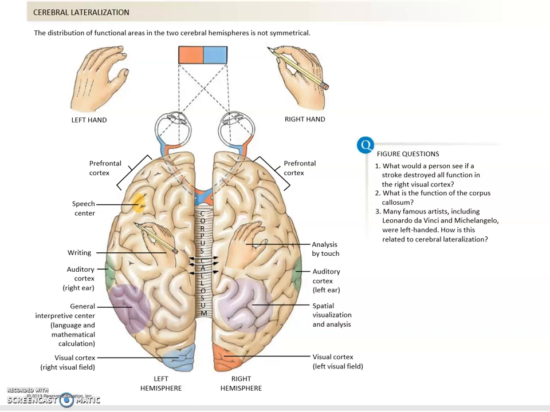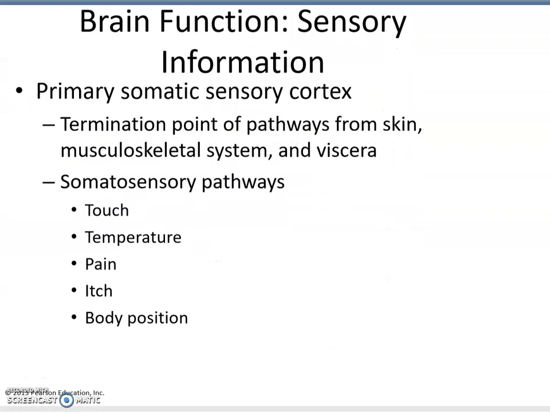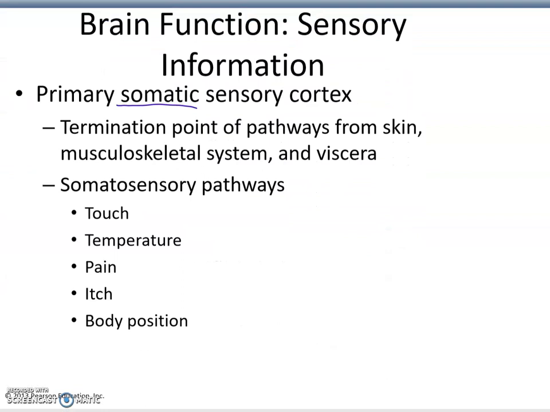And then the right brain side is more your visual spatial kind of analysis. That's more the artistic side of you. There are other models out there for whatever it's worth. This is the traditional view of cerebral lateralization.